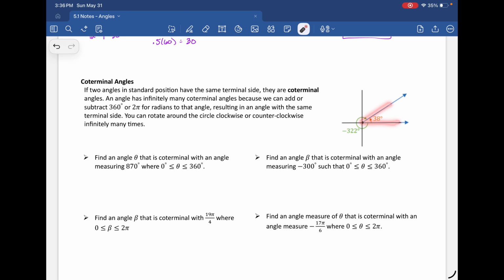This is what people forget: you can rotate around the circle clockwise or counterclockwise infinitely many times. What this means for us is that you have infinitely many coterminal angles, because you can either add or subtract 360 or 2 pi, resulting in an angle that has the same initial and terminal side.